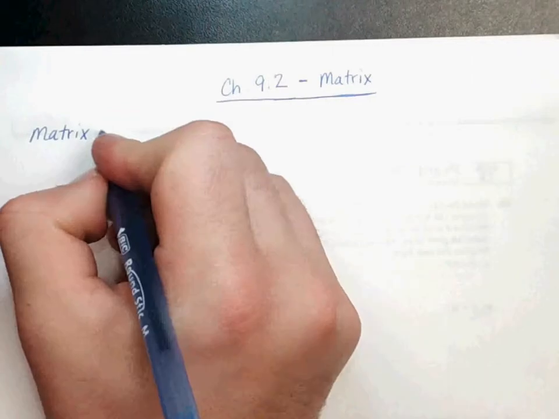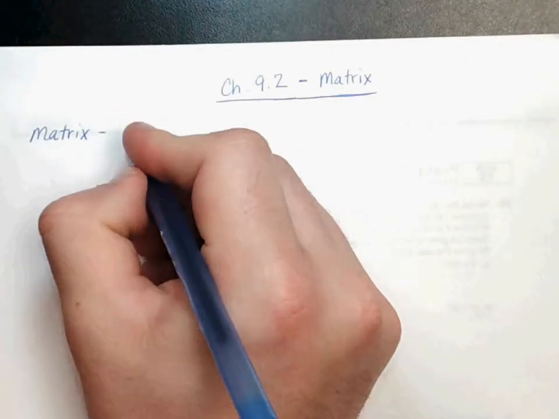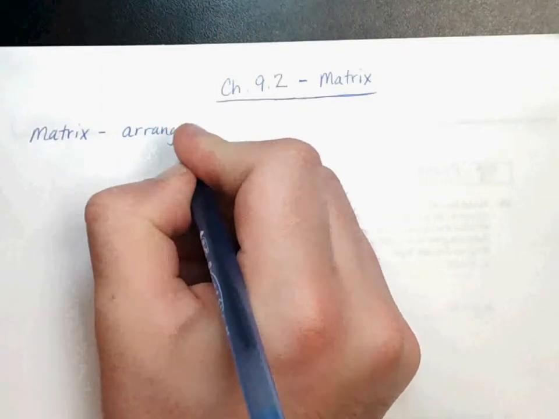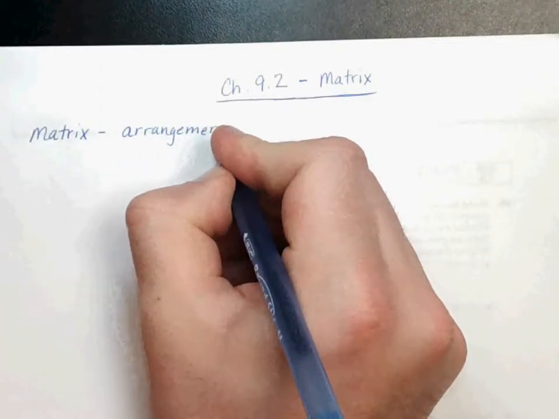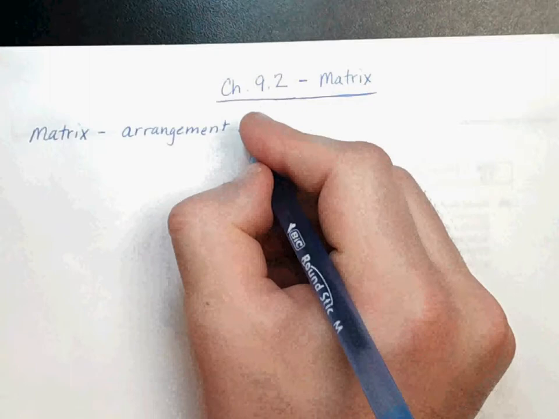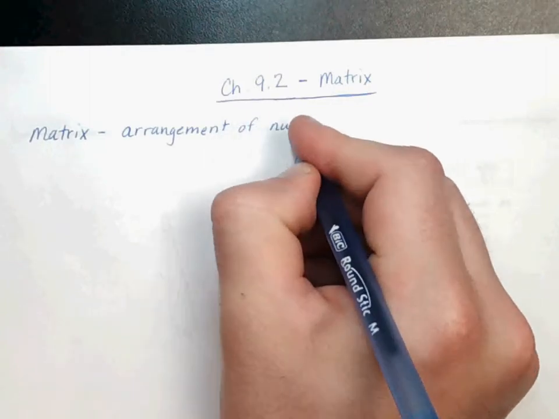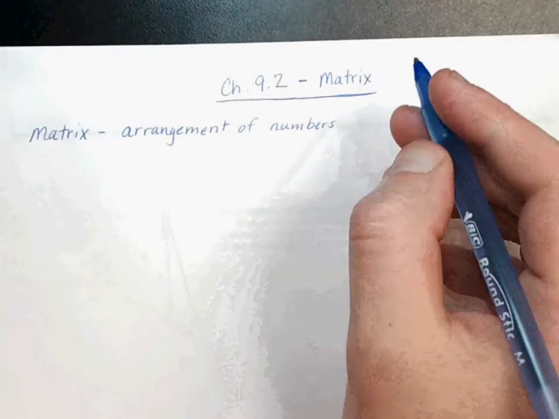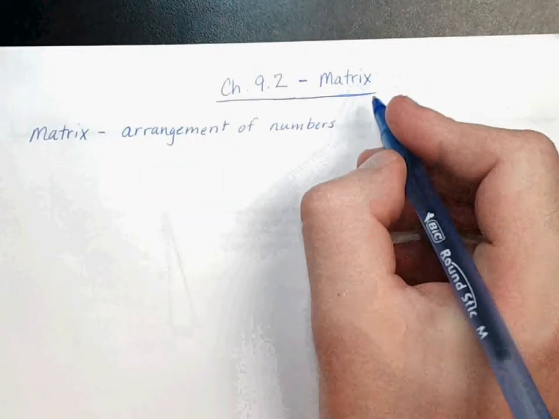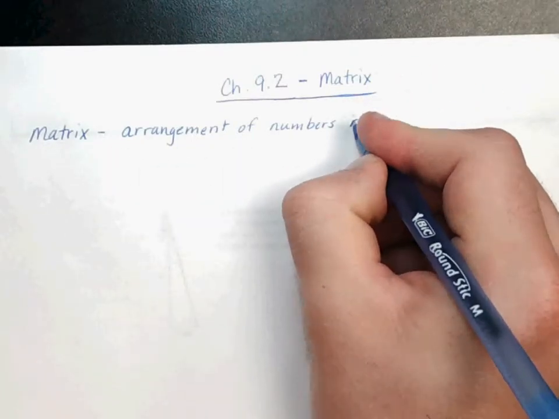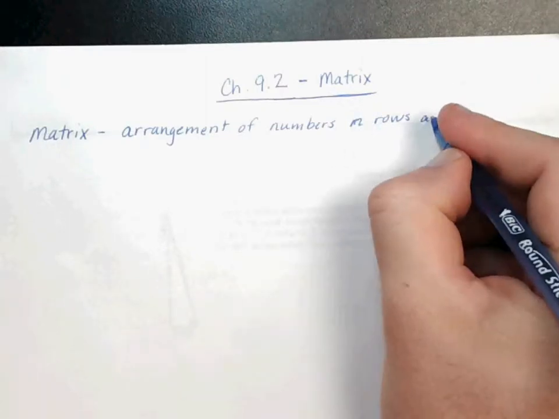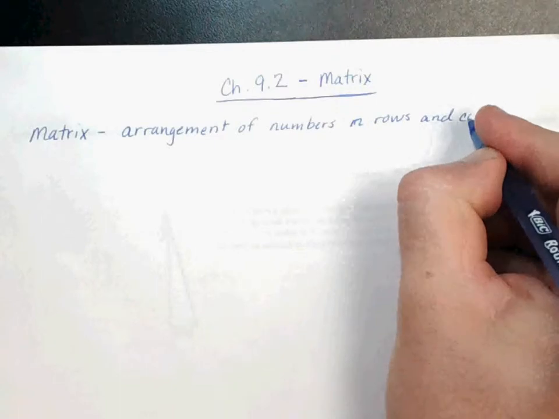A matrix is an arrangement of numbers, and the way that we arrange those numbers is we put them in rows and columns.